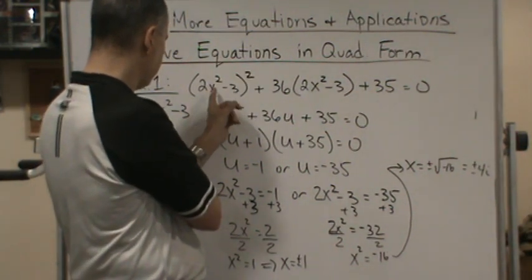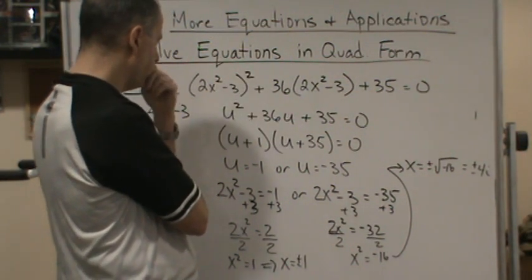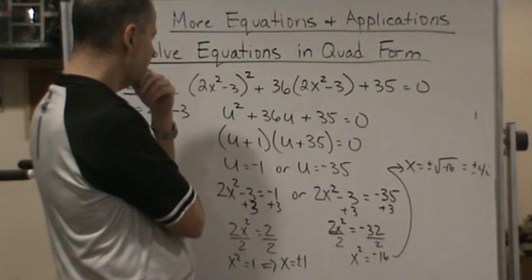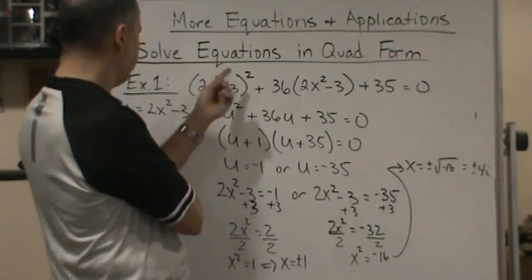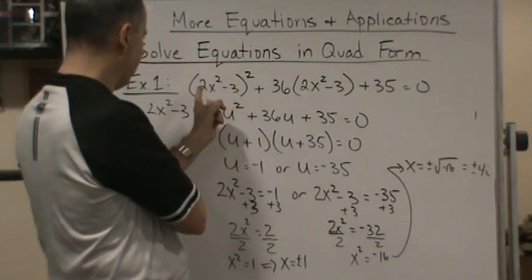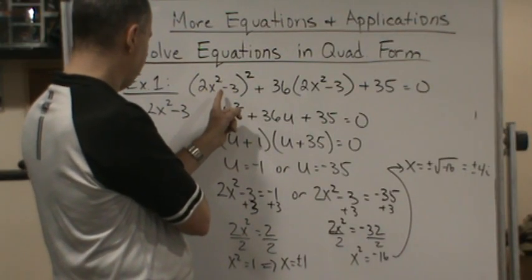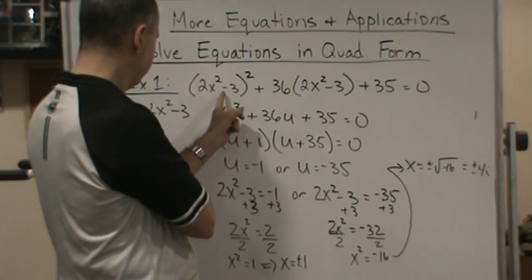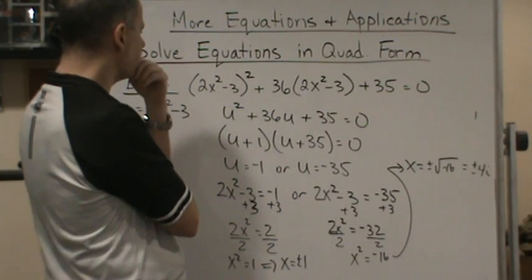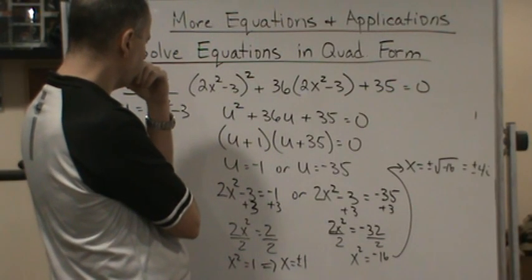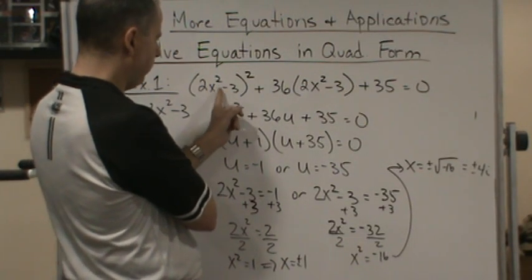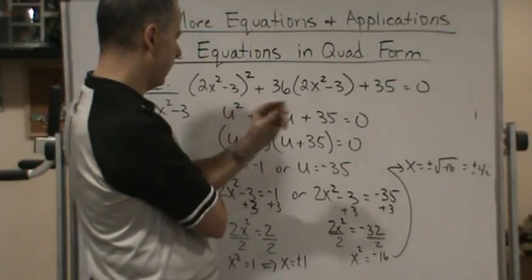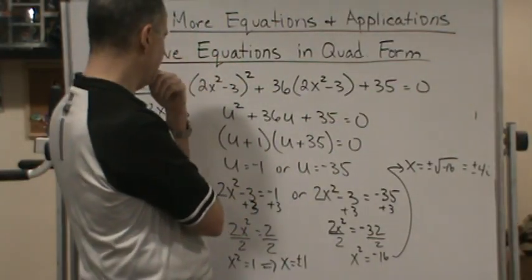Yeah, this will be negative 35 squared. So if you factor out the negative 35, because this will be negative 35 squared, this will be negative 35, and you have a positive 35.